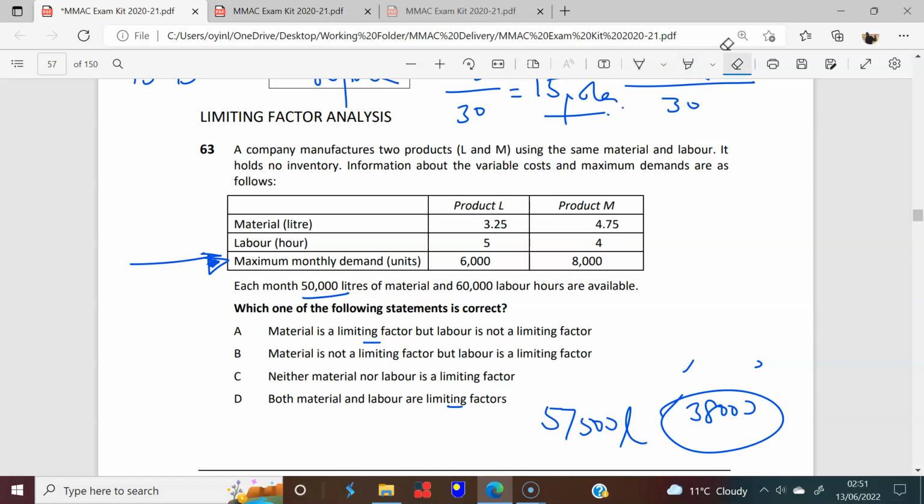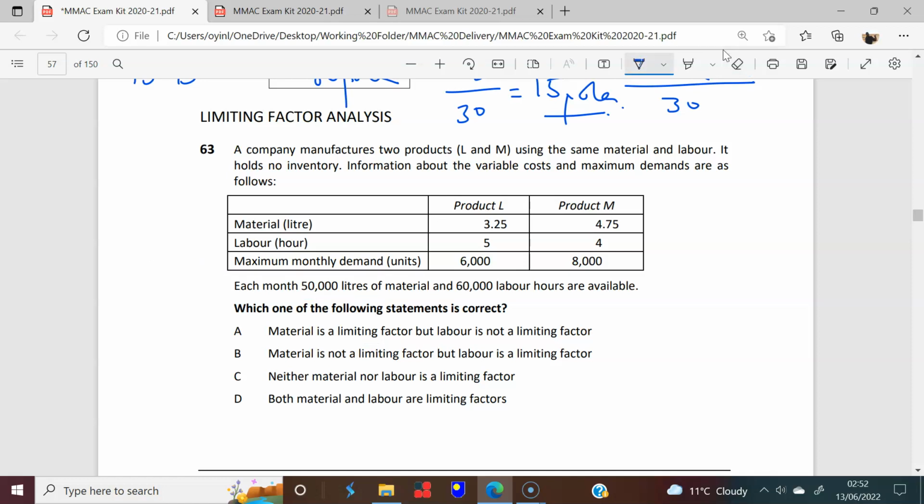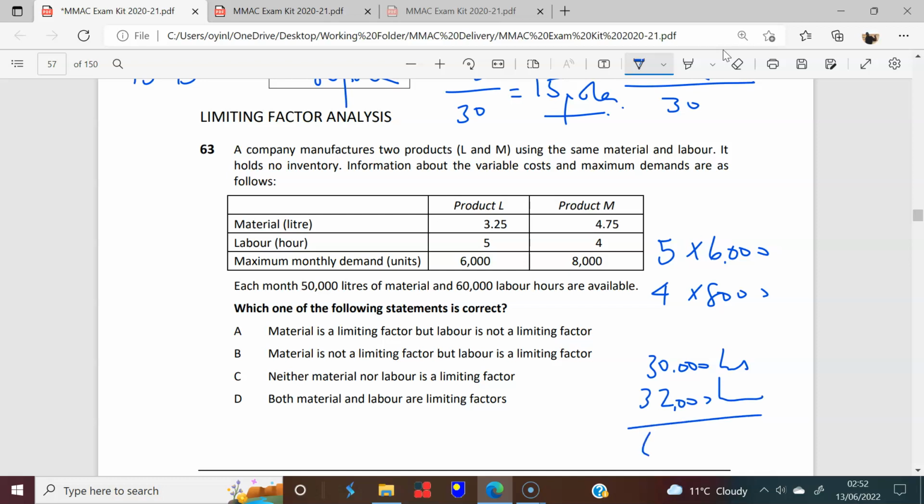So for labor, we have 5 hours times the 6,000 and 4 times the 8,000. That is 30,000 hours that we need for product L, and 32,000 hours for product M. So we have a total of 62,000 hours that we need. It looks as though we need more than we have. So it seems that both material and labor are limiting factors.